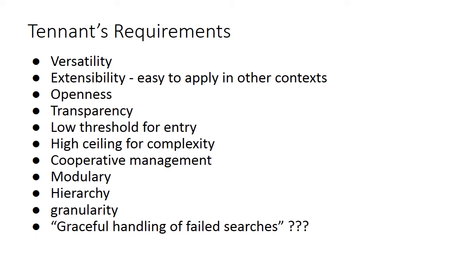I've reread the article and I still don't quite understand what Tennant was talking about with hierarchy. But he thought it should be very granular. You should be able to express that complexity in ways where things could be easily combined. And graceful handling of failed searches.